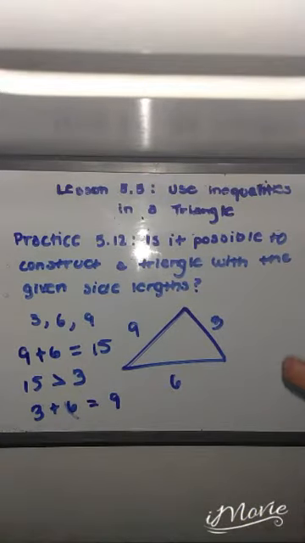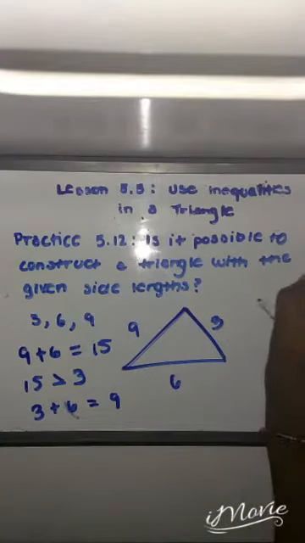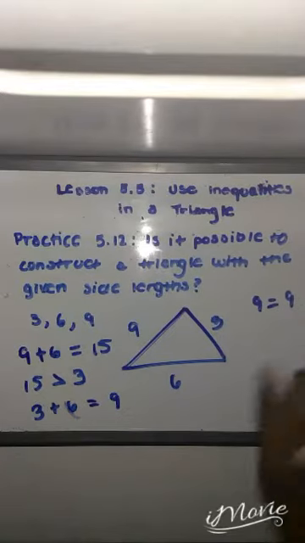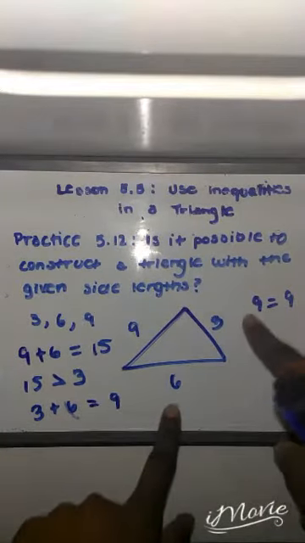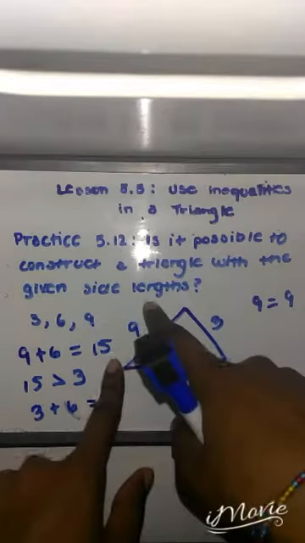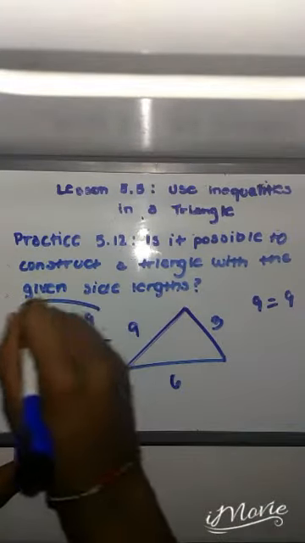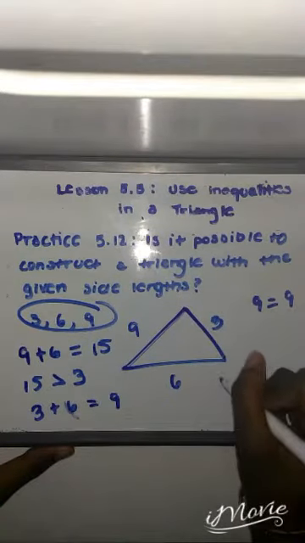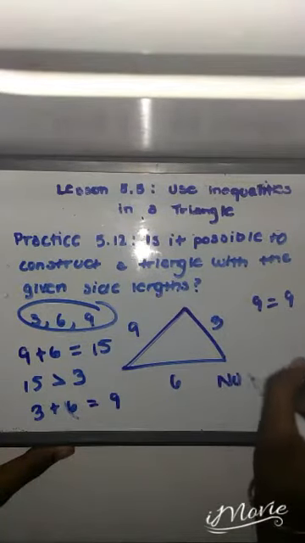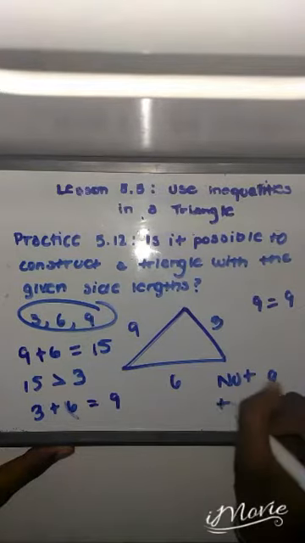Now, 9 is, of course, not greater than 9, but in fact equal to 9. For this to be a triangle, these two sides added together would have to be greater than 9. So these three side lengths do not make a triangle. So, not a triangle.